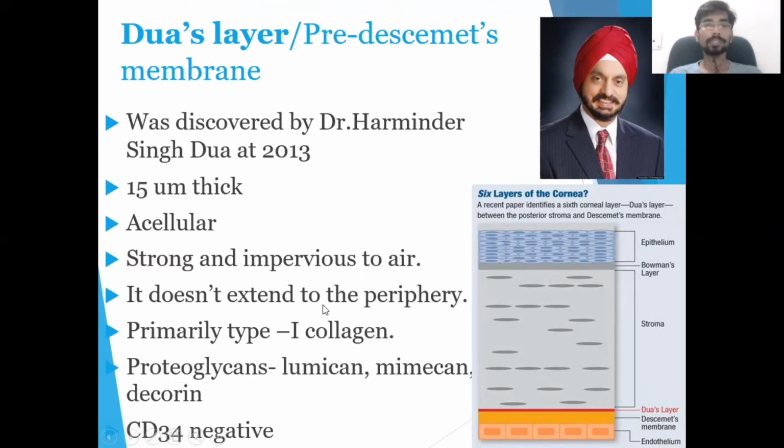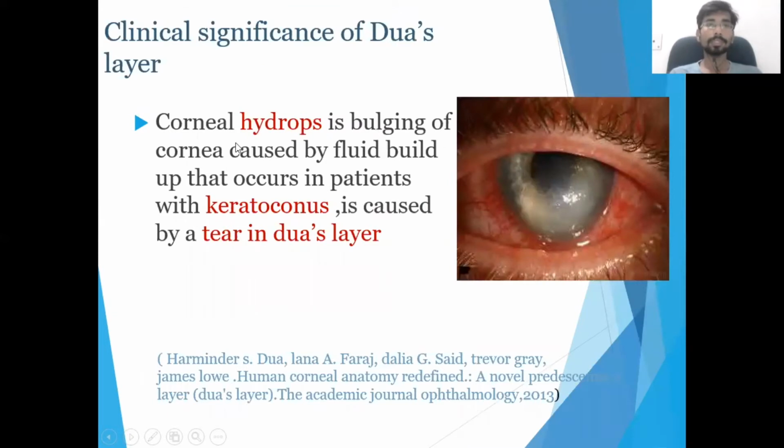It doesn't extend to the periphery and is composed of type 1 collagen, proteoglycans, lumican, mimecan and decorin, and is CD34 negative. Clinical significance: corneal hydrops, bulging of the cornea caused by fluid buildup that occurs in patients with keratoconus, is caused by a tear in the Dua layer.